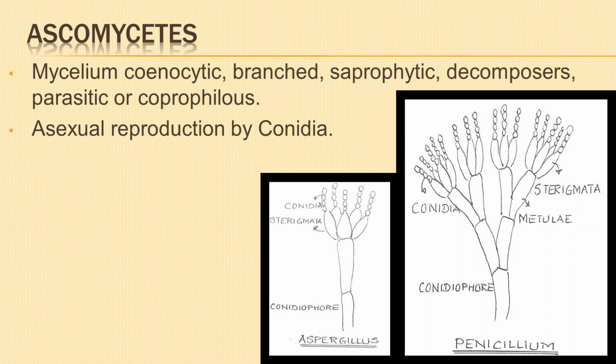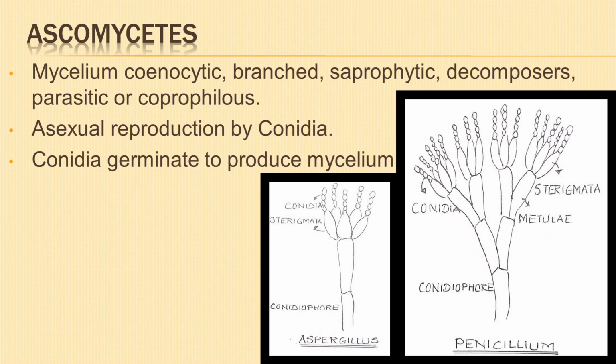Asexual spores called conidia are produced exogenously on special hyphae called conidiophores. The conidia on germination produce mycelium, seen in Aspergillus and Penicillium.